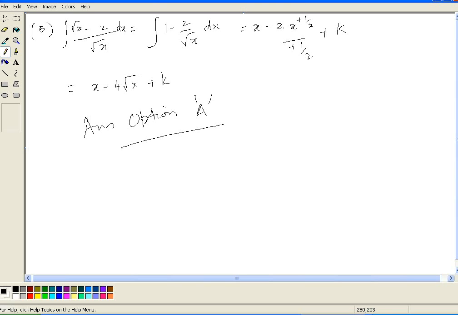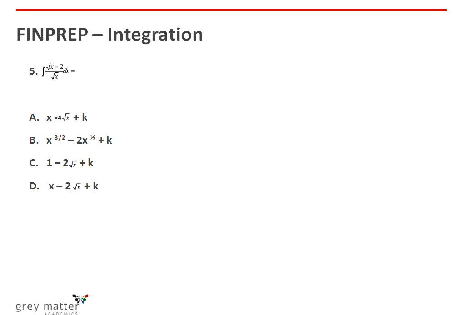So that will work out to x minus 4 root x plus k. So the answer is option A. Going to our PowerPoint slide, it is option A. It says x minus 4 root x plus k.